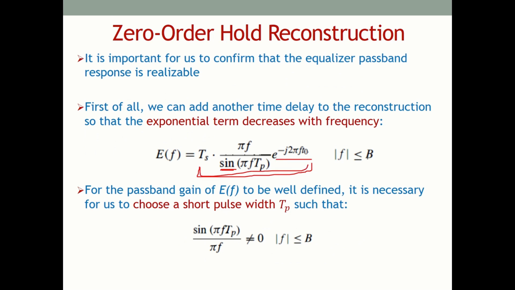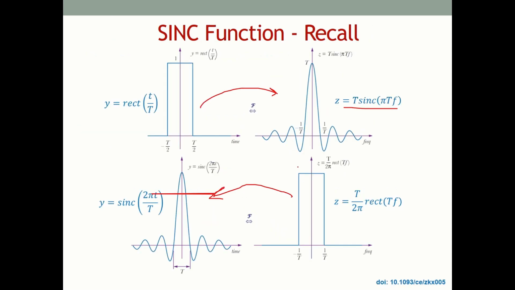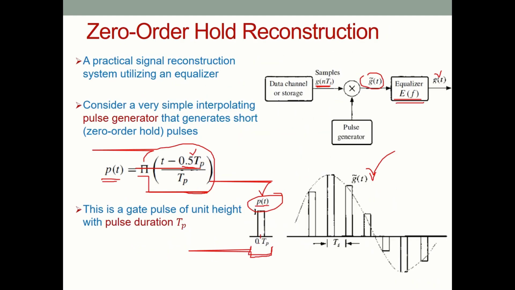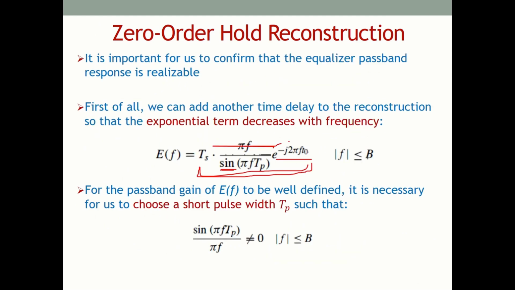We have an exponential term here. The rest, when it goes in the denominator, becomes a positive term. So we can actually control the shift in time. If we control it in time, we can choose it such that when we take the reciprocal, we have a negative here.